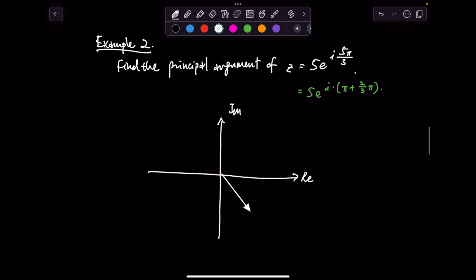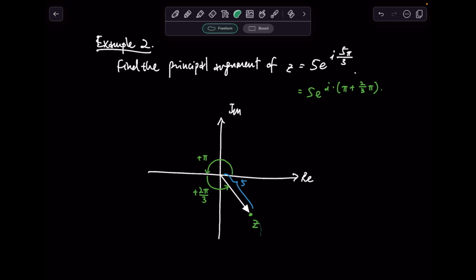Let's pretend that this modulus is 5, which is given, and the argument is pi plus 2 pi over 3. So this is my complex number. The complex number z is over here.